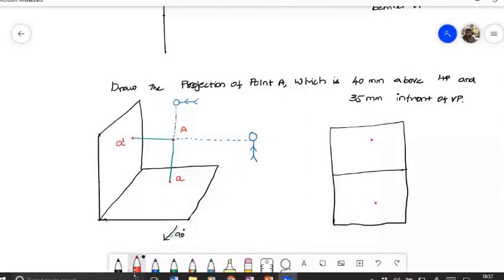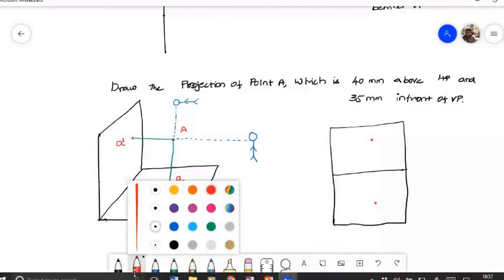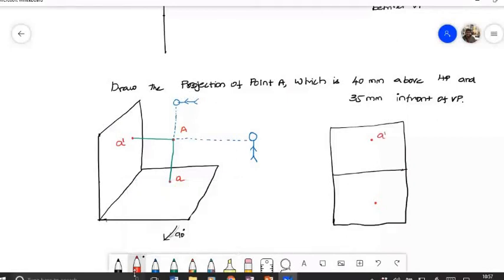So this is my A dash and this is my A. My question is whether both the points will be in a straight line or not. That is my question.